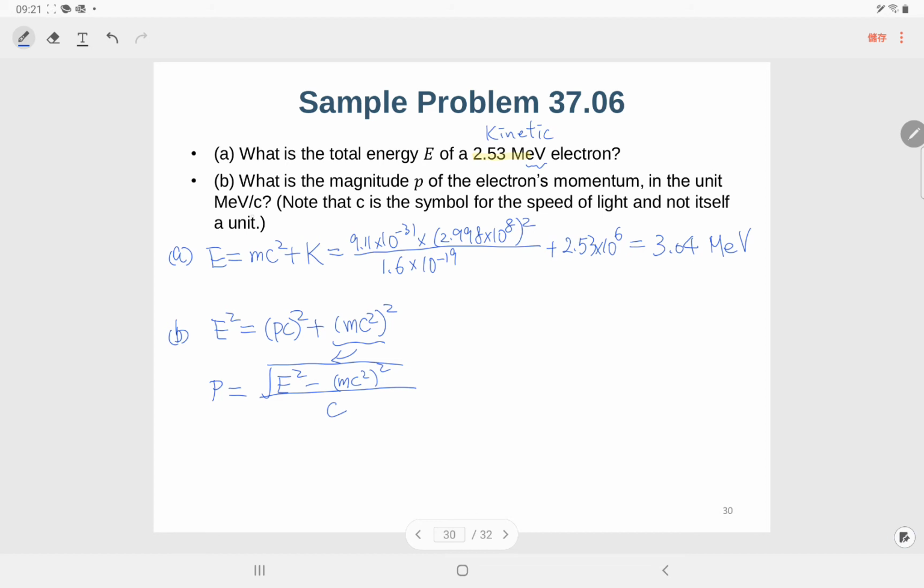It asks you to give the answer in a unit like this, so that we don't need to substitute C into here. We can just make it like this, and then E is 3.04 mega, and then minus MC squared, which is actually 3.04 minus 2.53.